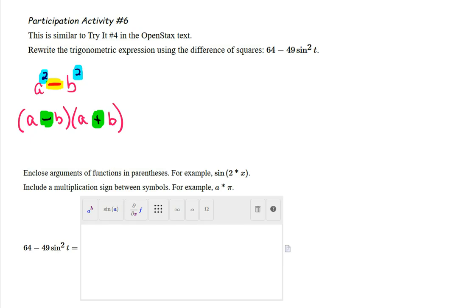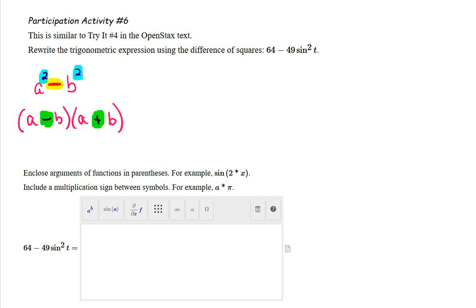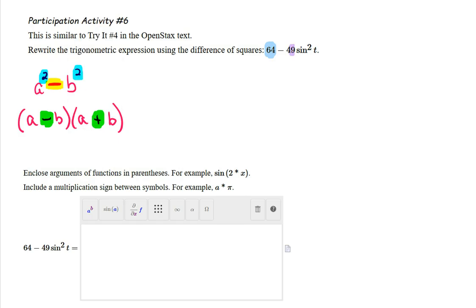And when I look at this problem over here, I definitely have, let's see, 64 is a perfect square, and so is 49, and so is the sine squared. I would see the 64 as an 8 squared.